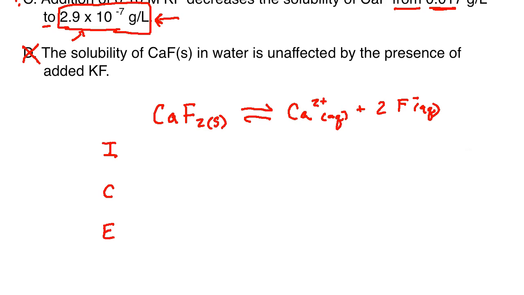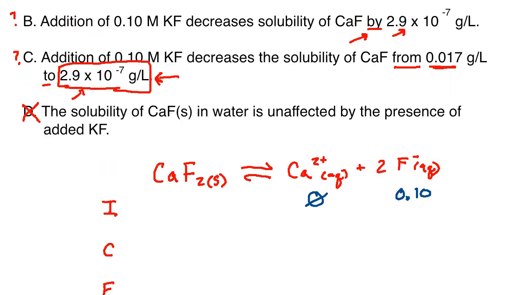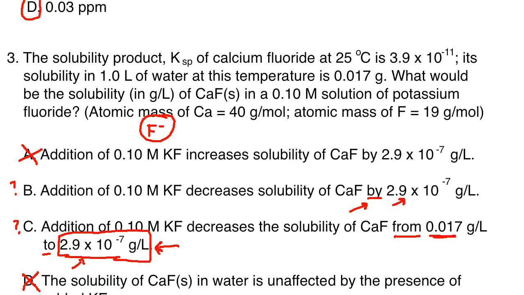Okay. So, at the initial state, we're going to have nothing for the calcium. However, for the fluorine, we would have 0.10. Now, where is that coming from? That's coming from the fact that we already have the calcium fluoride going into a solution that has 0.10 potassium fluoride.